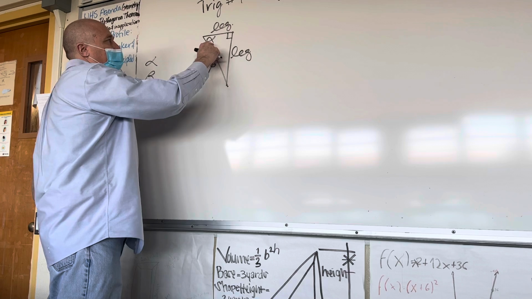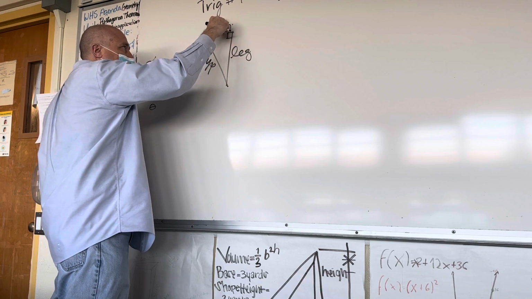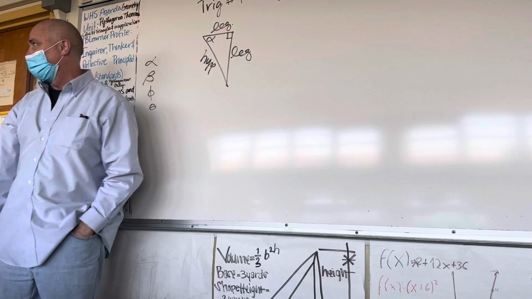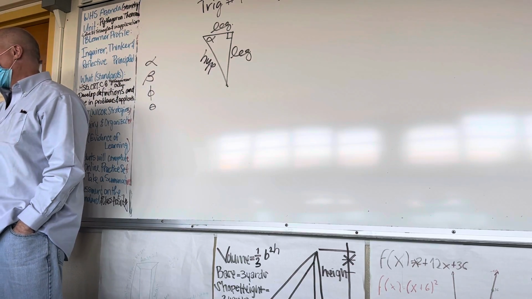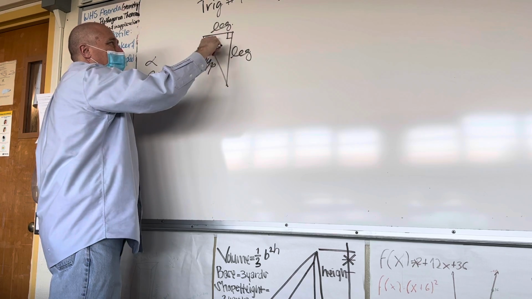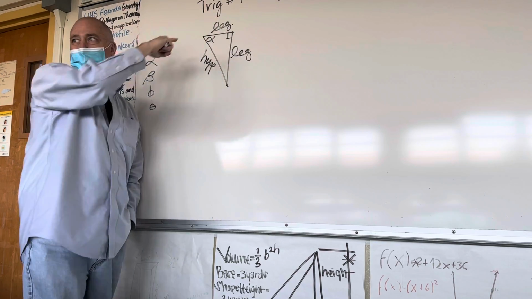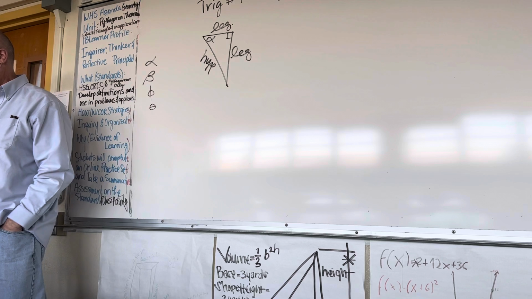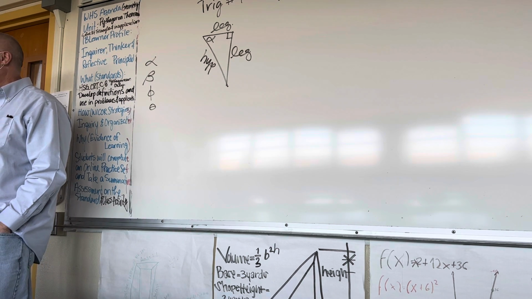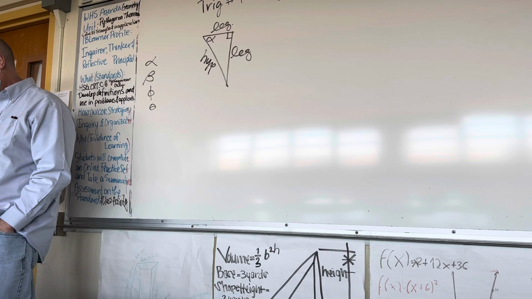If this is the reference angle, now this leg takes on an additional name, and this leg takes on an additional name. Because this leg is close to the reference angle, what's the additional name that this leg gets? Yes. Why?